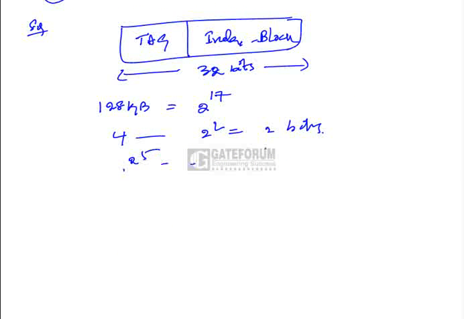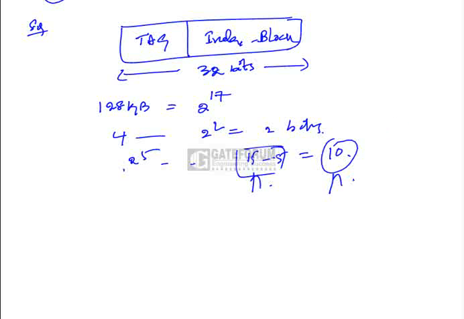That means we can have 17 minus 5, where 5 is the number of bits we use for the block offset. Initially, before dividing into sets, 17 minus 5 gives 12 bits, and then removing the 2 bits for the sets gives 10 bits for the index, so the number of blocks is 2 power 10. Out of 32 bits, 32 minus 15 gives 17 bits for the tag.